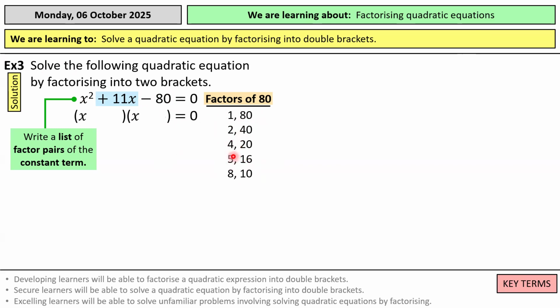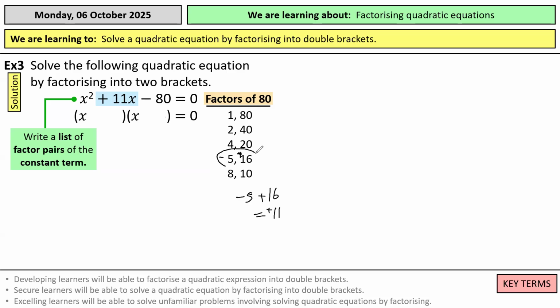So look at this: 5 and 16. It could be negative 5 and positive 16, or positive 5 and negative 16. What will you get? If I put negative 5 and positive 16, the answer will be positive 11.